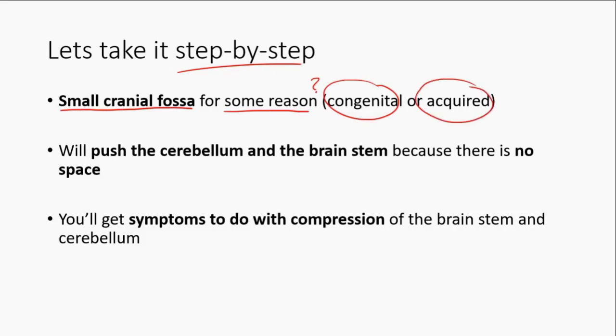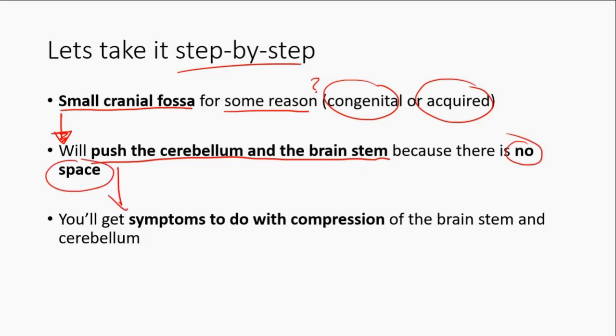You could, for some reason, have a tumor in the posterior cranial fossa that compresses the structures, but essentially the posterior cranial fossa has less space. And what that does is that it will push the cerebellum and the brainstem, sometimes only the cerebellum, sometimes only the brainstem, sometimes both of them. And it does this because, as we said, there's no space.